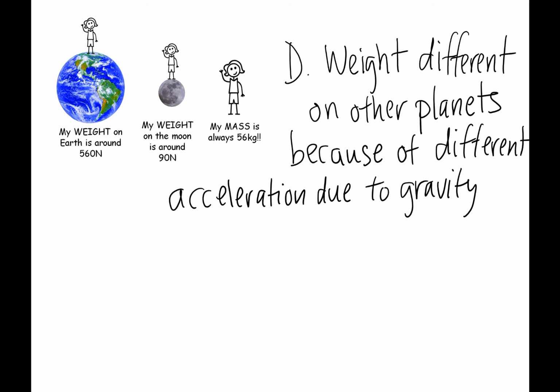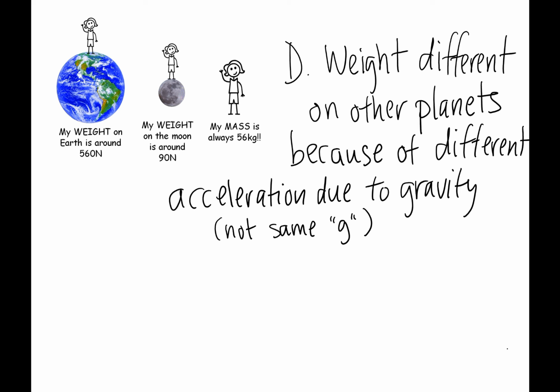So there's a different g. Not the same little g. On Earth, little g is about 10 meters per second squared. But it's different on the moon.